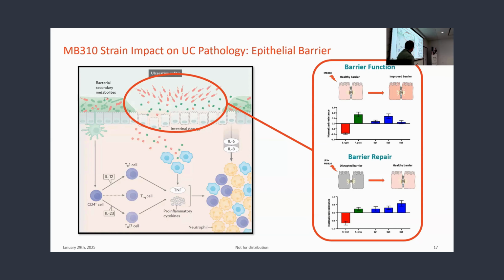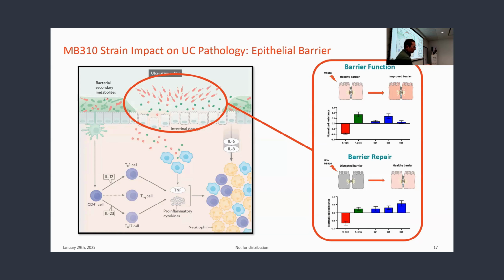We had Salmonella as a negative control, known to compromise the barrier, and Faecalibacterium prausnitzii, F. prau, as a positive control, known to support barrier function. Testing the different MB310 strains, we found that 3 of our strains improve barrier function by increasing electric resistance, one of them to more or less the same level as F. prau.